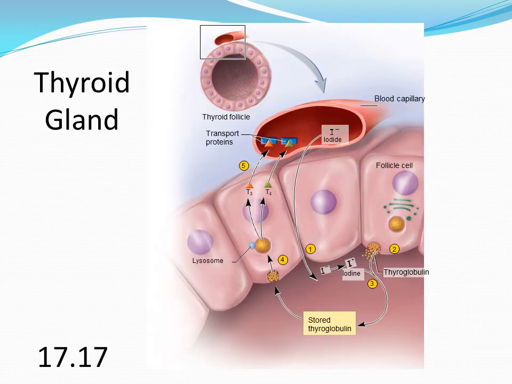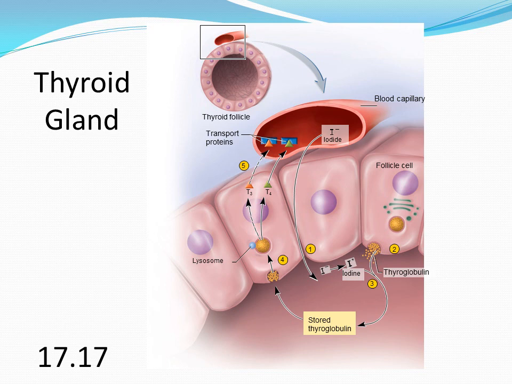All right, so this is a diagram from a different book, but I think it does a really good job of summarizing what we're going to look at in more detail. So you have, inside that colloid, which is that purple, pink stained area in the middle of the follicle cells, thyroglobulin.